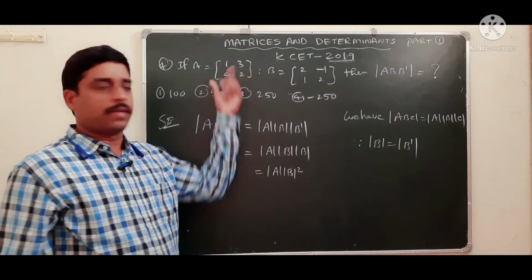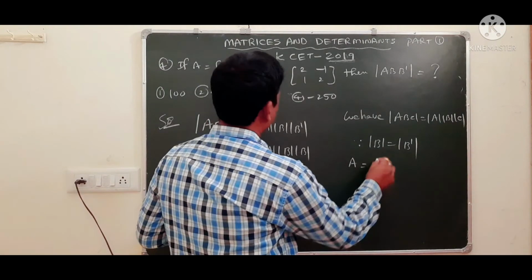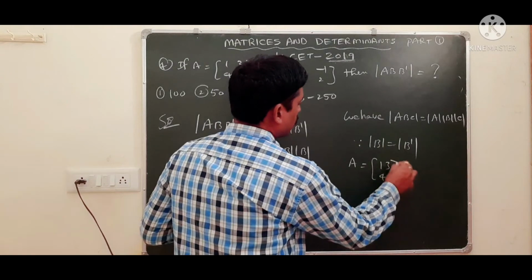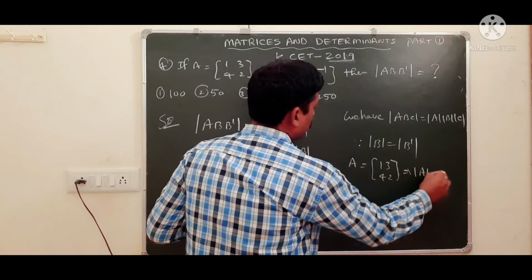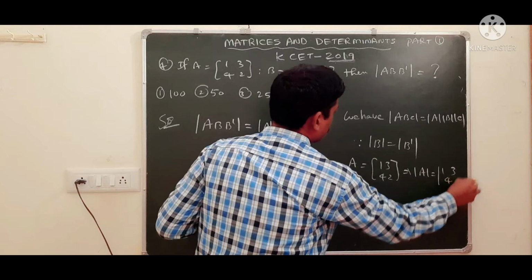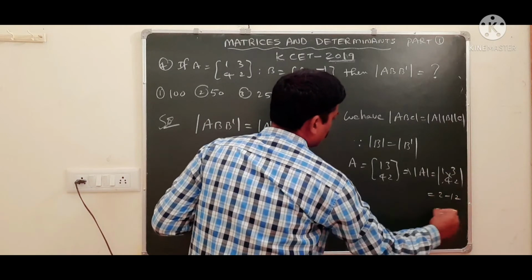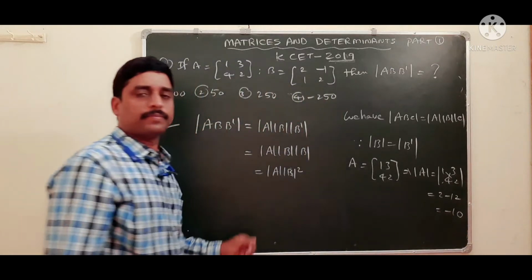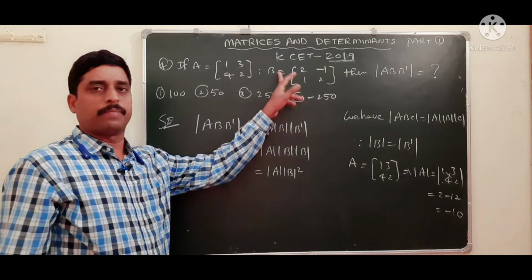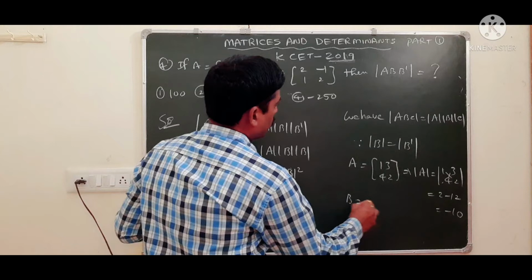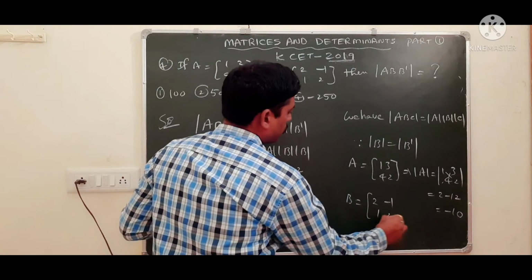We have A equal to 1, 3, 4, 2. So the determinant of A, by the formula AD minus BC, is 2 minus 12, which is minus 10. Next, what is the B matrix given? B is equal to 2, minus 1, 1, 2.